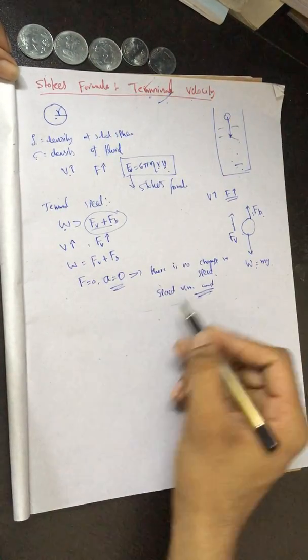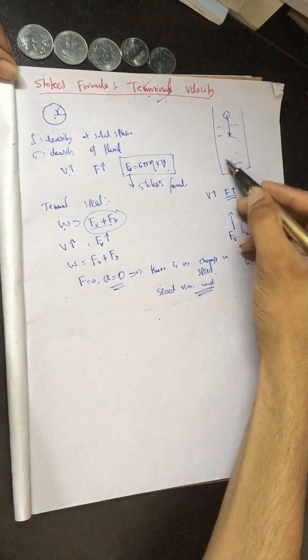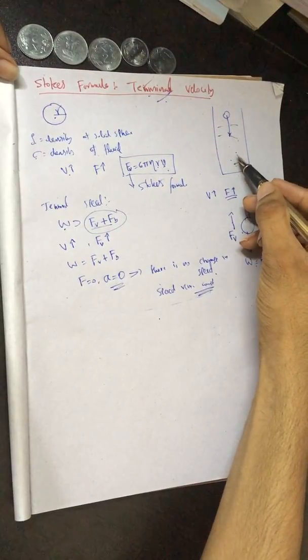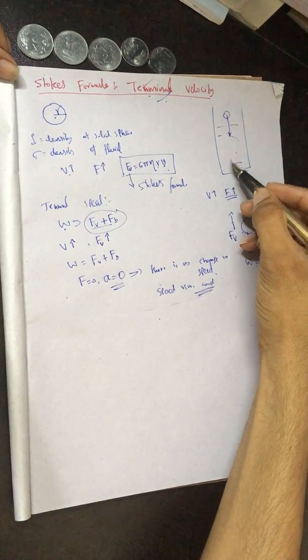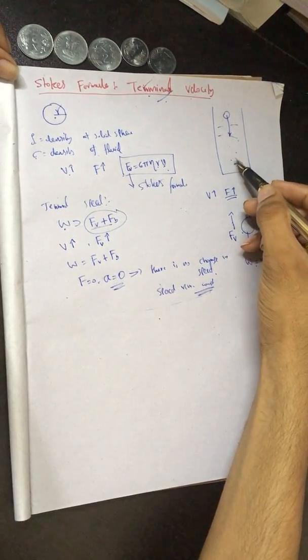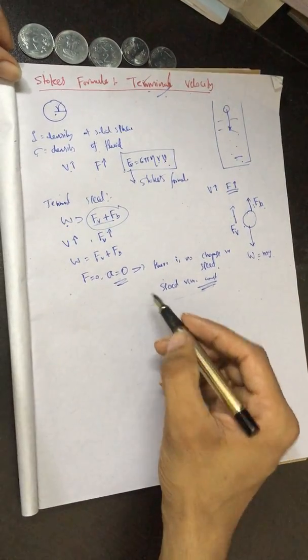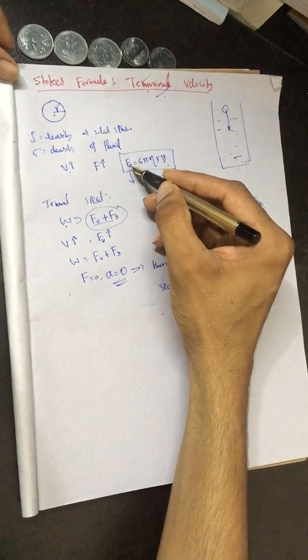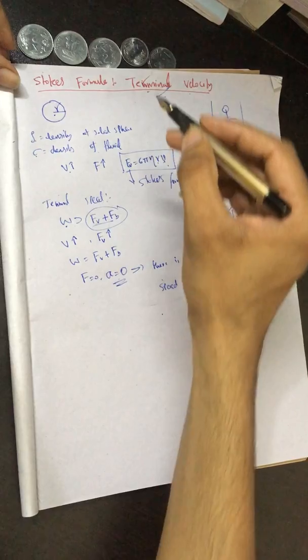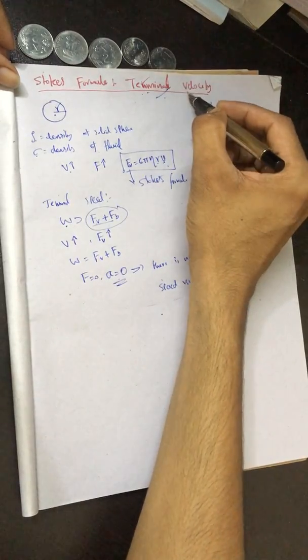So the terminal speed is the speed attained by the solid object inside the fluid medium when the total force acting on the object is equal to zero, or the acceleration becomes zero. Now we are going to take this expression for viscous force and find the expression for the terminal speed.